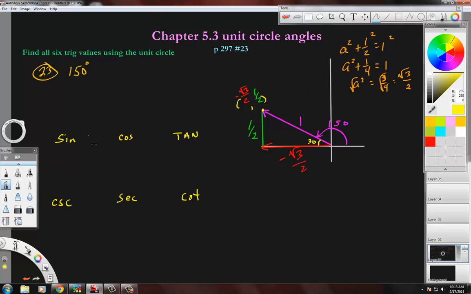So watch. To get the sine, it is opposite over hypotenuse, which would be the opposite side from here, 1/2, over the hypotenuse, which is 1. So the sine of 150 would be 1/2. So that's 1/2.